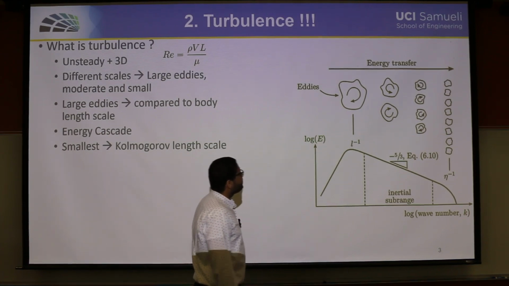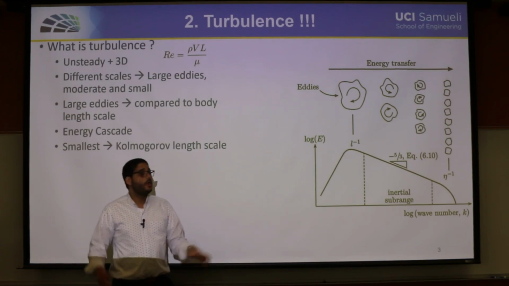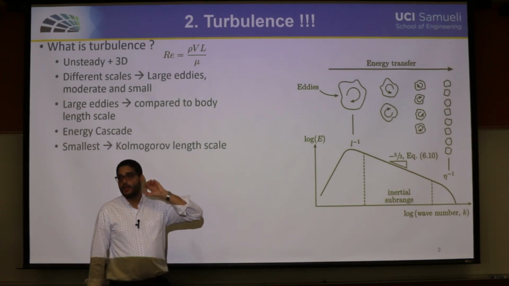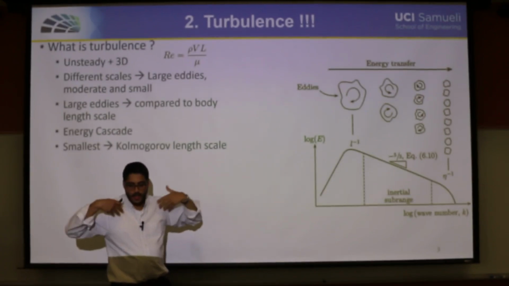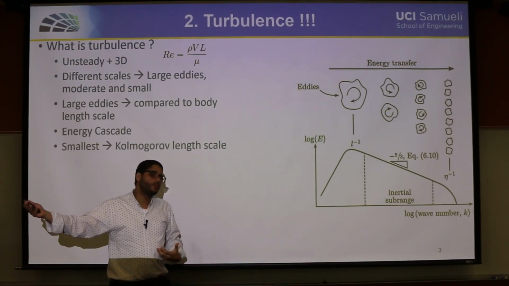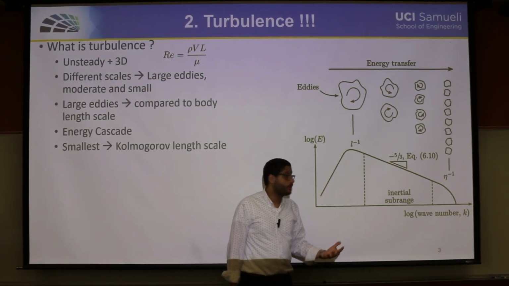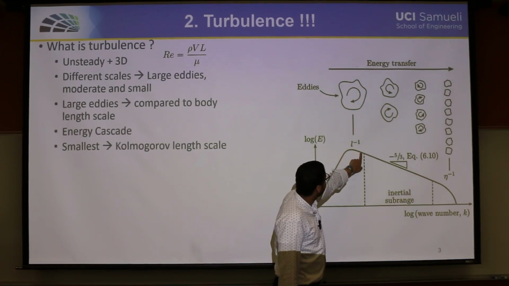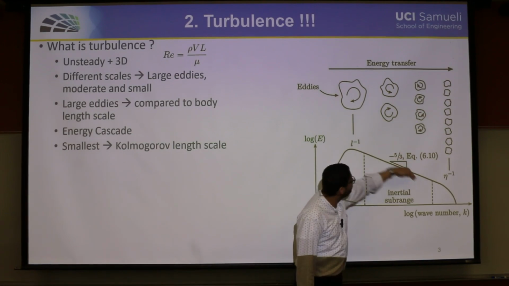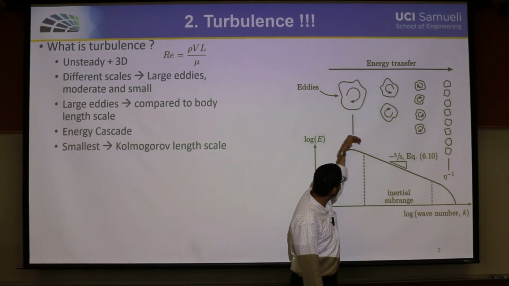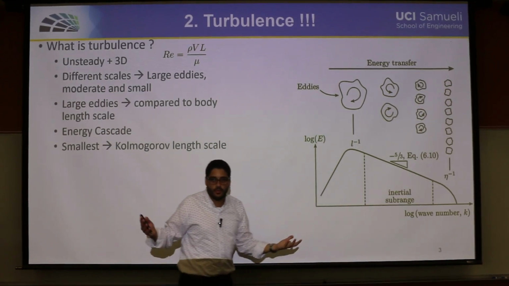Another quite interesting thing about turbulence is that regardless of the nature of your flow, whether it's a free shear layer or flow around a body like a boundary layer flow, if you have turbulence, nature will always adopt a slope of the energy cascade, the energy transformation from large scale to small scale, of -5/3, which is something phenomenal.